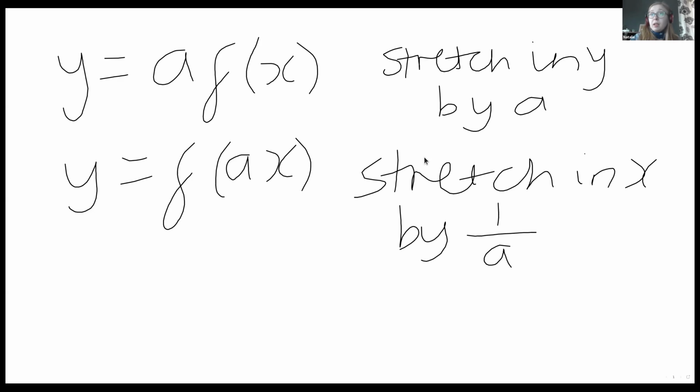Final two that we need to know and remember are the reflections. So there is a reflection in the x-axis and a reflection in the y-axis.